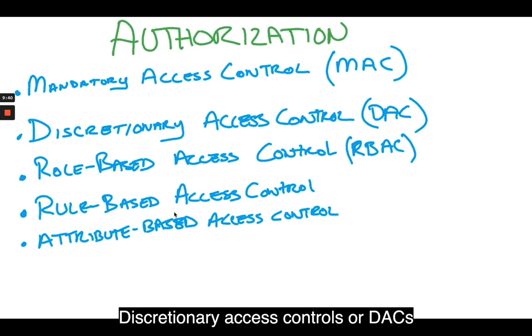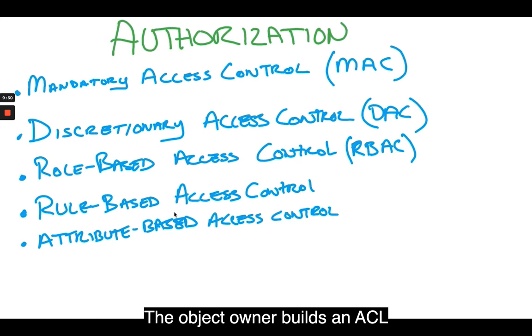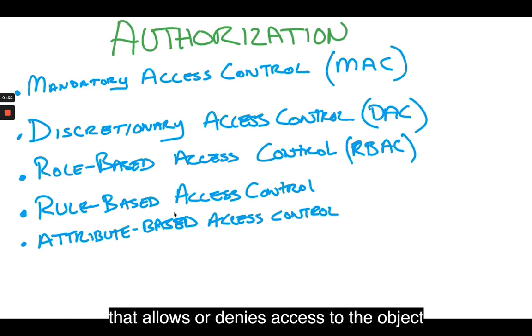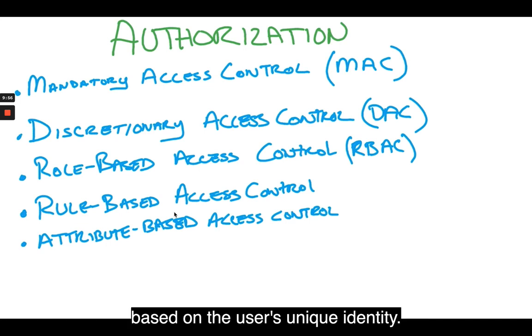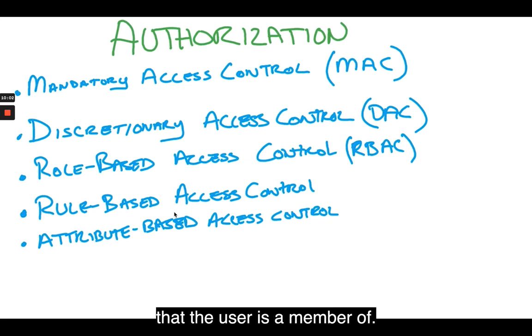Discretionary access controls, or DACs, are defined by the owner of the object. DACs are used in commercial operating systems. The object owner builds an ACL that allows or denies access to the object based on the user's unique identity. The ACL can reference a user ID or a group or groups that the user is a member of.